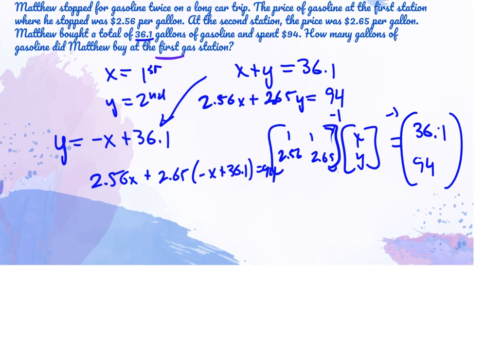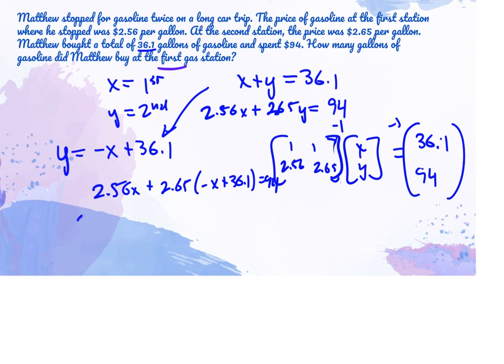So 2.56x plus 2.65x, it actually becomes negative, plus 95.665 equals 94.